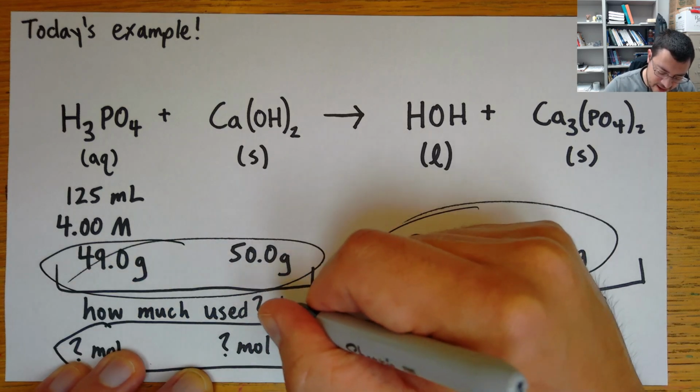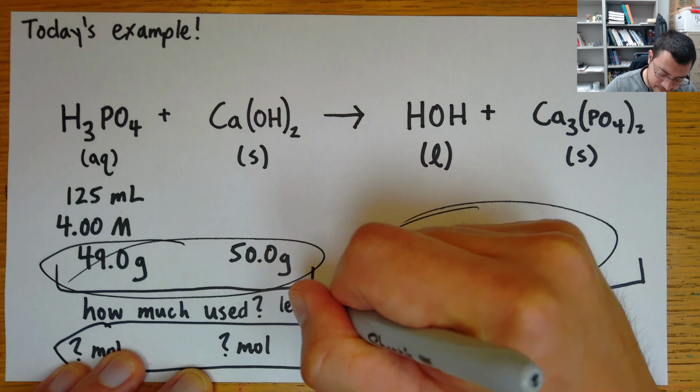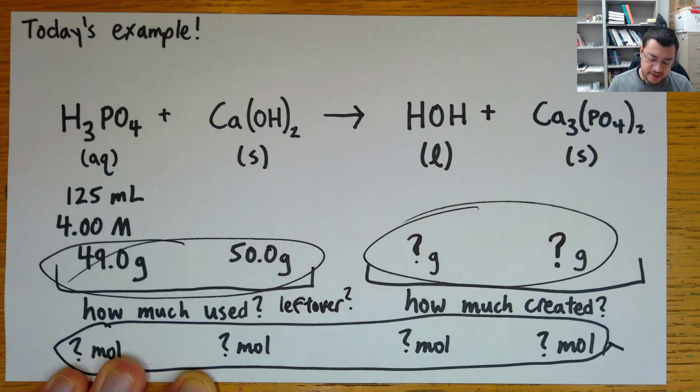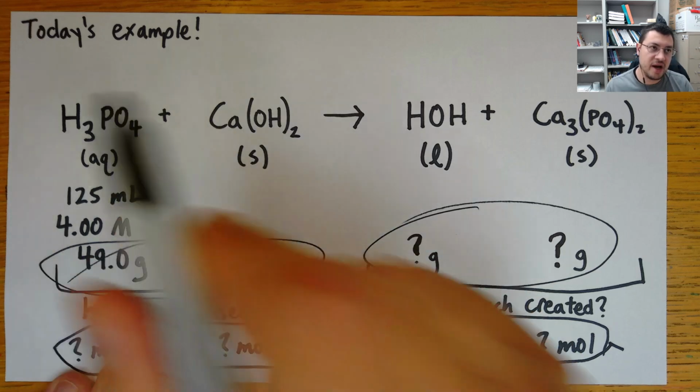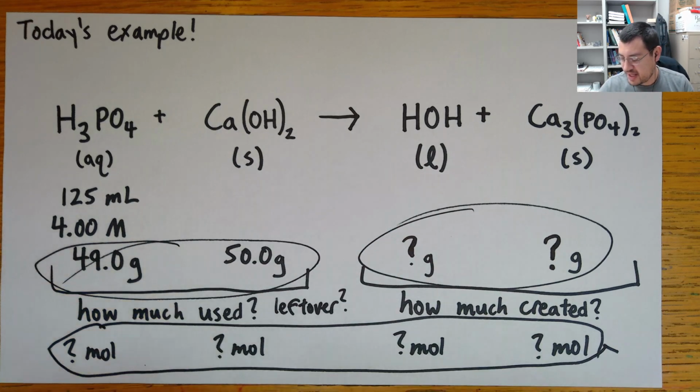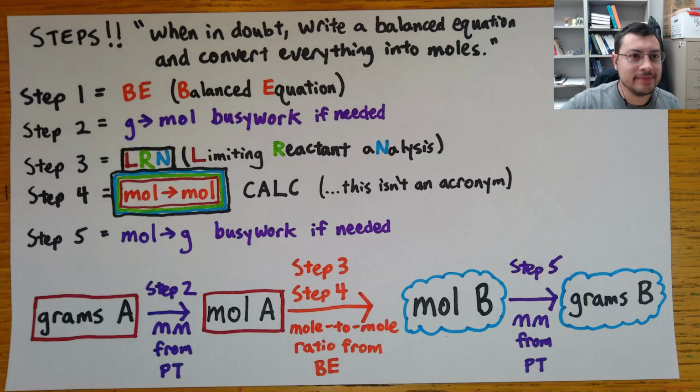And we can even add one more thought, figuring out how much leftover there is of whatever we had excess of. All right, so that is the question in front of us, calculating stuff.